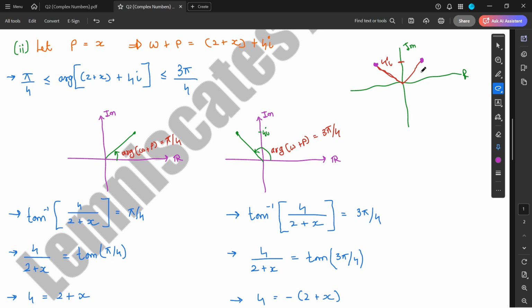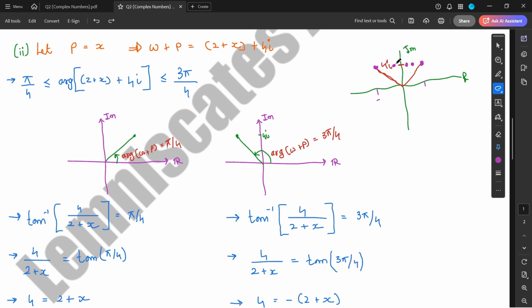Now I have to find what are all the possible values of p, which is a real number, such that I can find out this range of complex numbers. So that even if I'm in between somewhere over here, my 4i is a constant. That is why I'm not marking anywhere on the y-axis apart from 4i. So my complex number could be over here, it could be over here, it could be over here. Basically, it can be anywhere on this line.